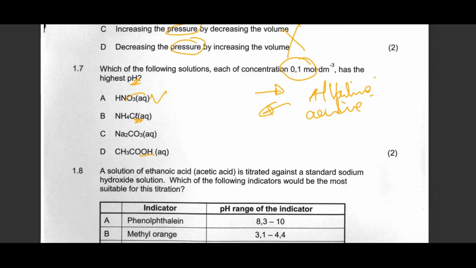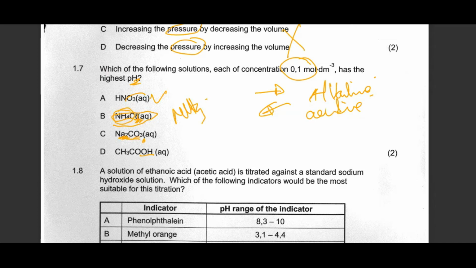Both of them are salts, but this is going to be a weak salt. Why? Because it is coming from a weak base, which is ammonia. And then this one is going to have the highest alkalinity.